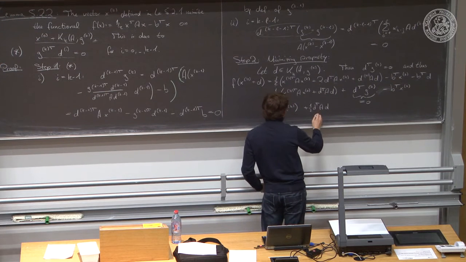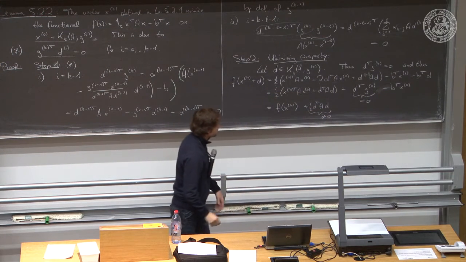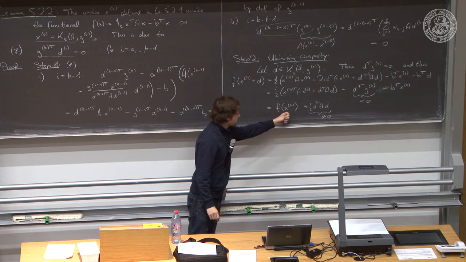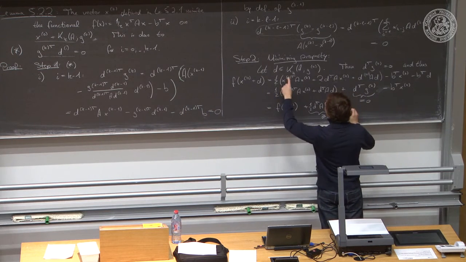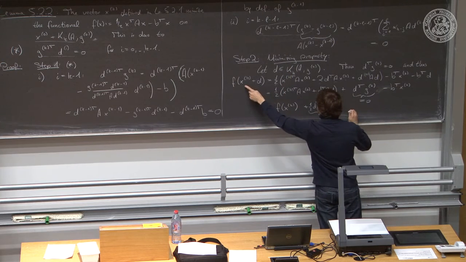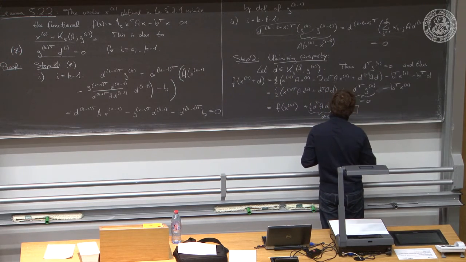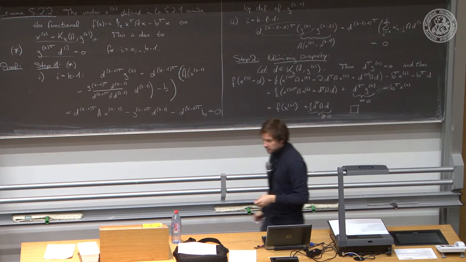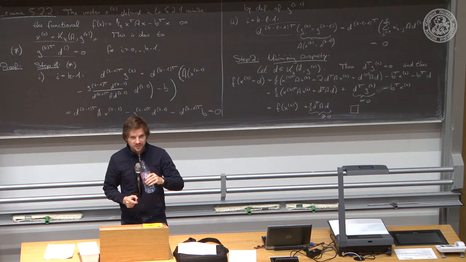Since A is positive definite, this is greater or equal to 0. So we see indeed that the kth iterate minimizes our functional on this affine subspace. Are there some questions?